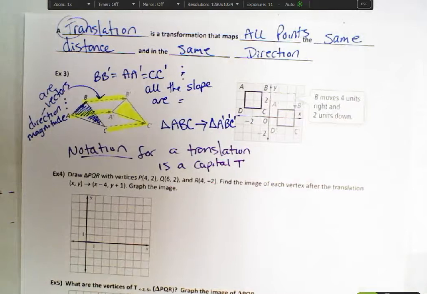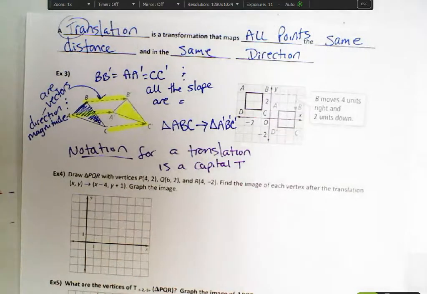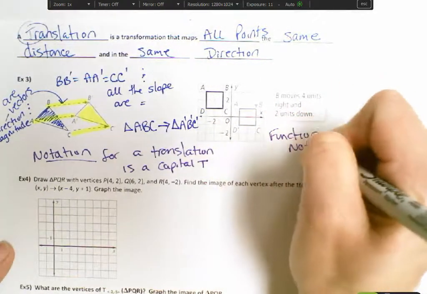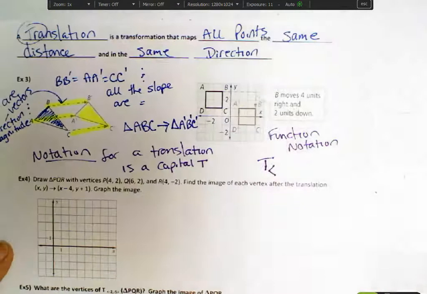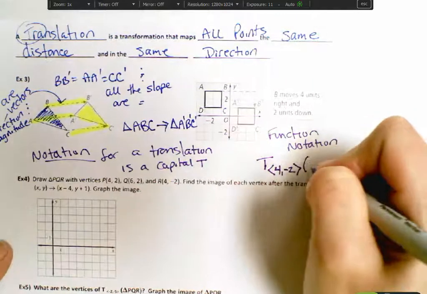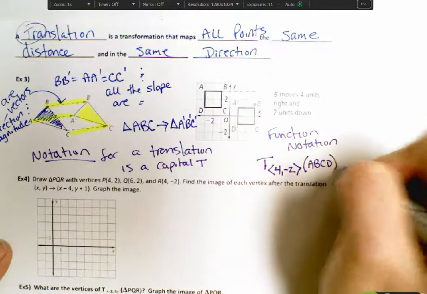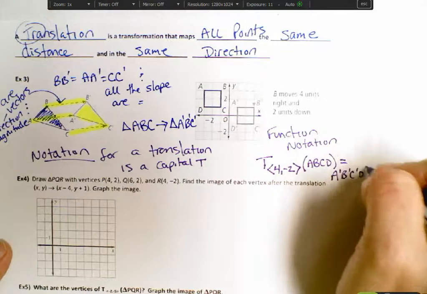So what we take a look at is when we are doing vector notation. This is a mapping. If I want to specifically identify the translation, it's called function notation. We say, hey, it was a translation for the vector 4, -2 of, we're looking at this figure right now, A, B, C, D onto A prime, B prime, C prime, D prime.